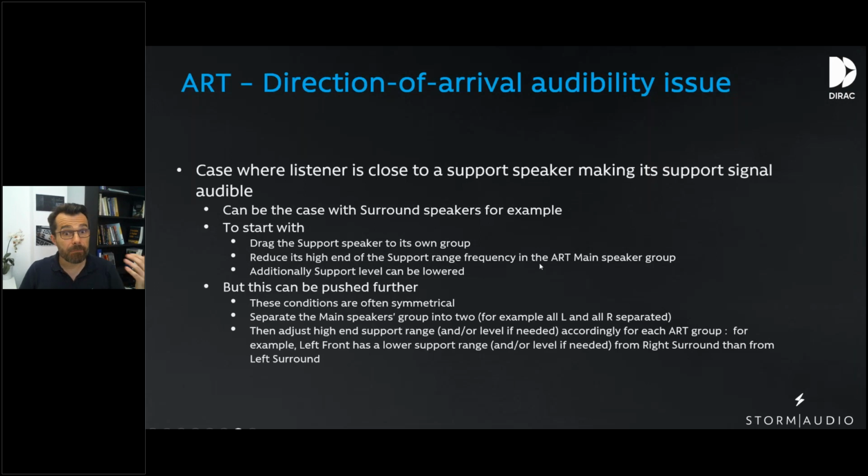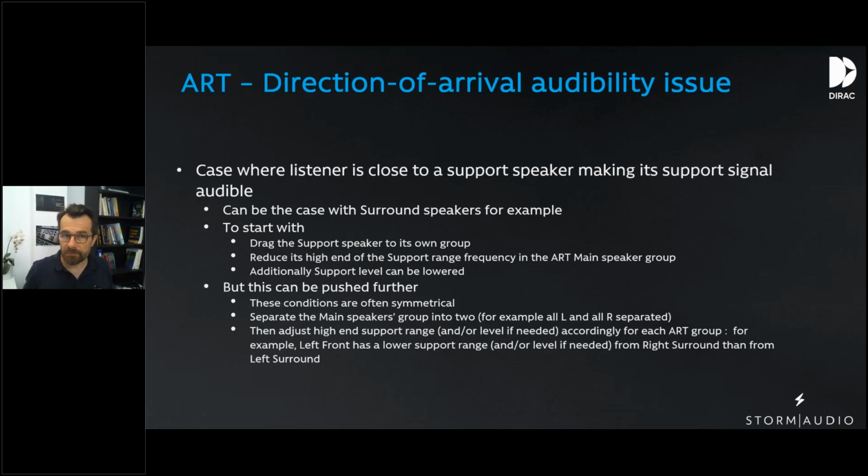You can actually go even further, right? It's not a recommendation, it's just for you to play with. But if you think about a room, in the room you have a symmetrical behavior. So you can estimate that, because of this symmetry, you will make the left speakers have less support from the right speakers in the room.